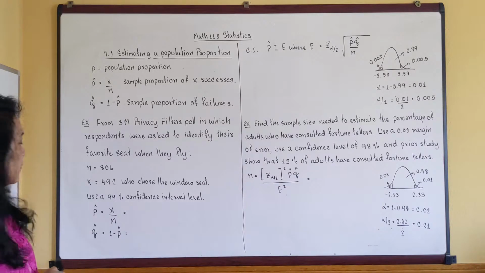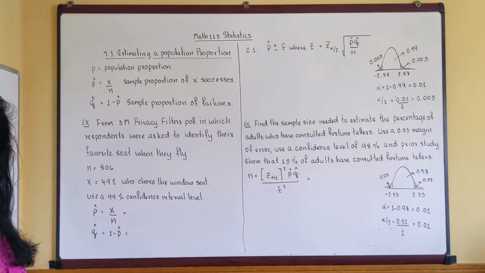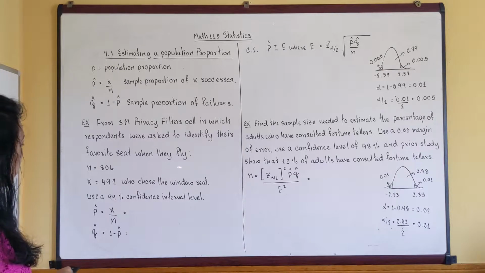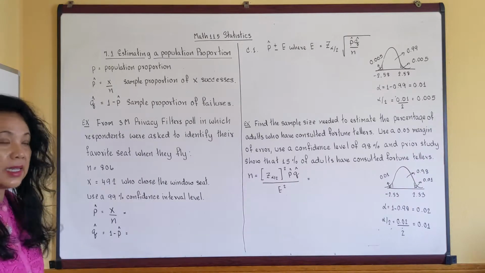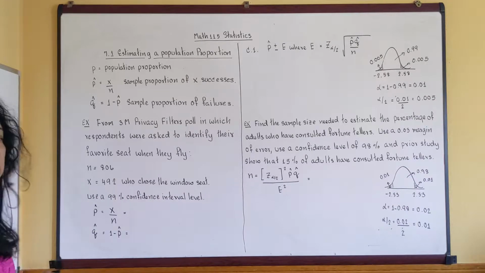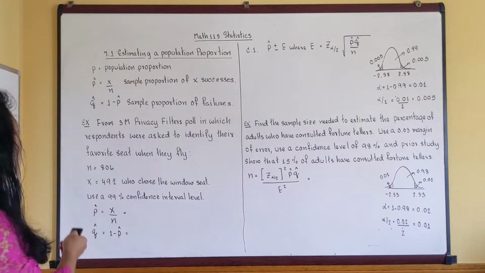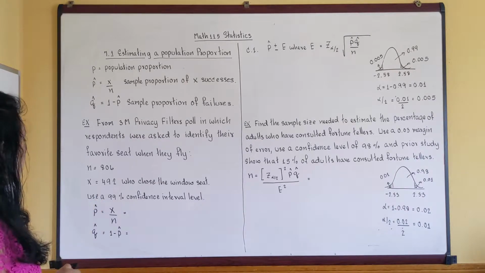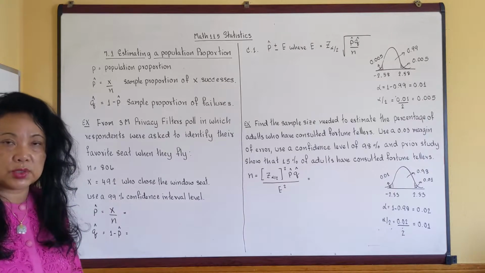Out of 806 people, 492 people prefer a window seat. So our success here is those people who prefer or choose a window seat. Use a 99% confidence interval. So by using the sample to estimate the population proportion, you want to be 99% sure.